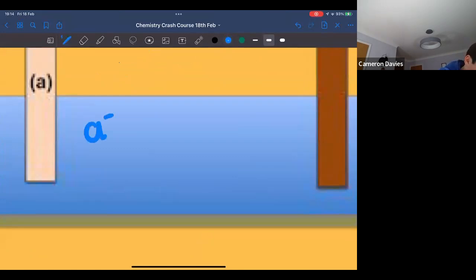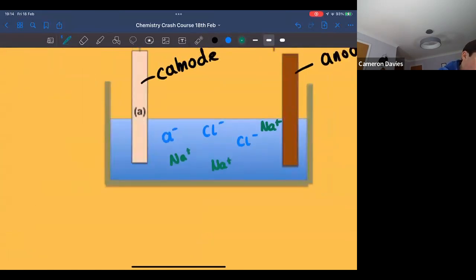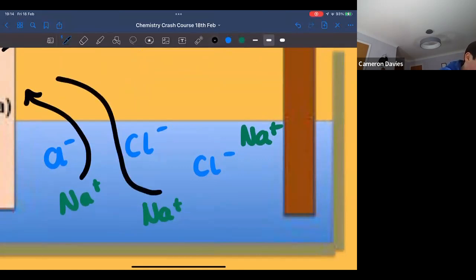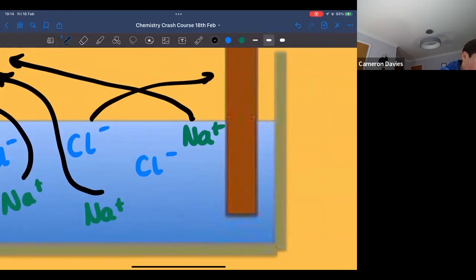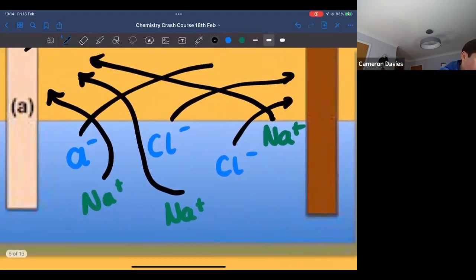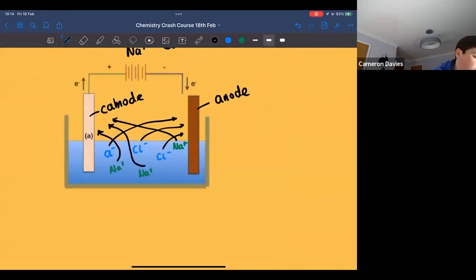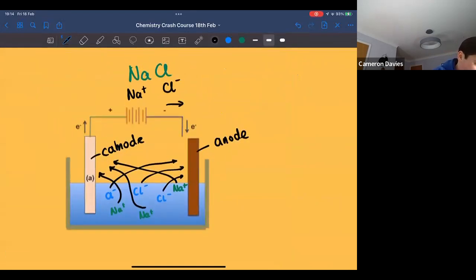And so if we draw them out quickly again, the cations are going to be going towards the cathode because opposites attract, and the chloride ions are going to be going towards the anode because they are moving from negative charge to something that's positive charged. And again, we've got this flow of electrical current.